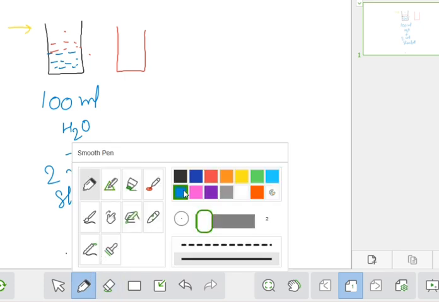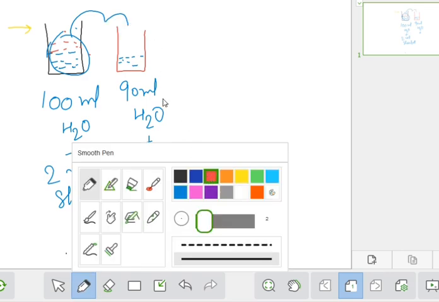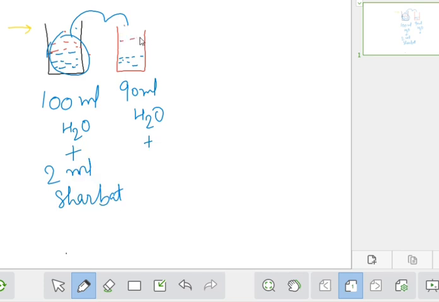In this beaker we take 90 ml water, and from this whole solution we take out 10 ml and add it in this. This is 10 ml solution from the previous one.